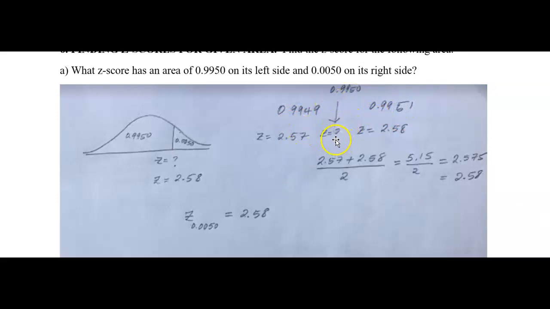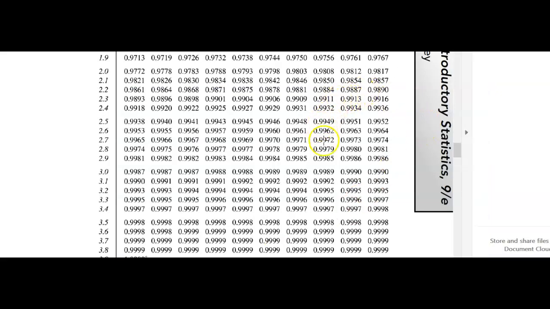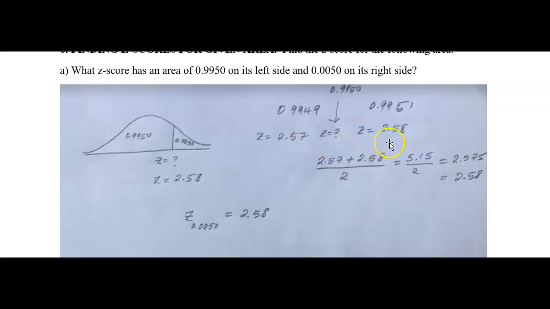So its z-score must be in the middle of these two z-scores, right? The z-score for 9949 is 2.57, right? What's the z-score for this number? It's 2.5, 0, 1, 2, 3, 4, 5, 6, 7. It's 2.57. And this one, the z-score is going to be 2.58, right? 2.57, 2.58.